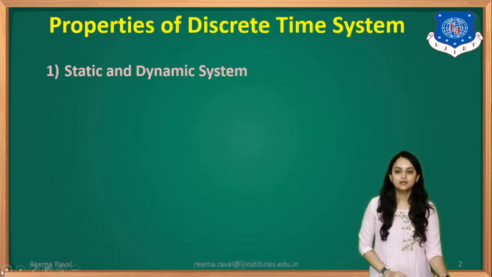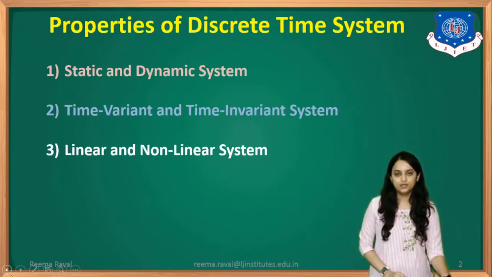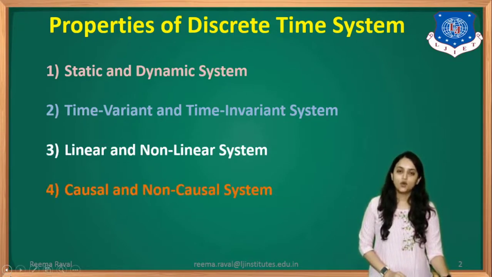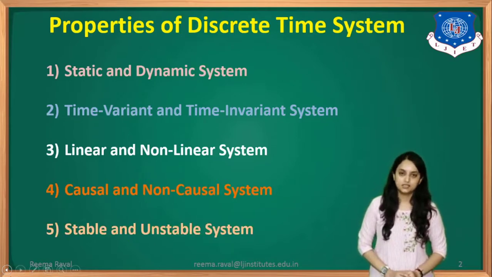Basically, in the last session, we have seen that there are 5 properties for a discrete time system. First one is static and dynamic system. Second one is time variant and time invariant system. Third one is linear and non-linear system. Next is causal and non-causal system. And the last one is stable and unstable system.